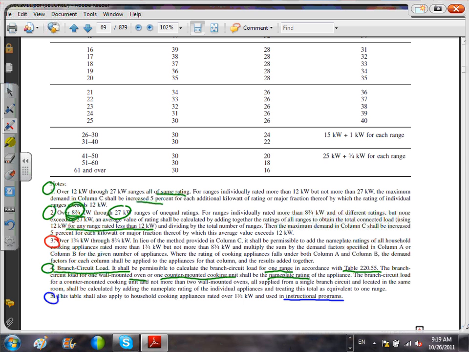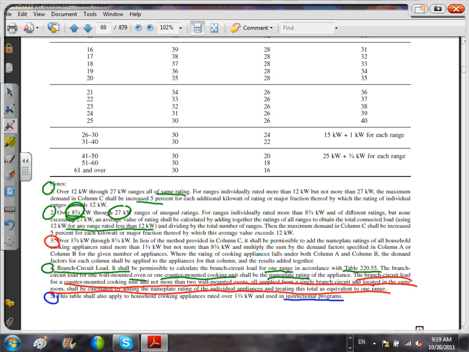You can see that? No overcurrent device here. The overcurrent device is right there. Only, all of them have to be in the same room. If you do that, they allow you to add the nameplate of all of them and treat them as one range and apply this rule. And where does that say? Mounted, supplied by branch circuit located in the same area, right here. The last sentence summarizes exactly what I was just telling you.